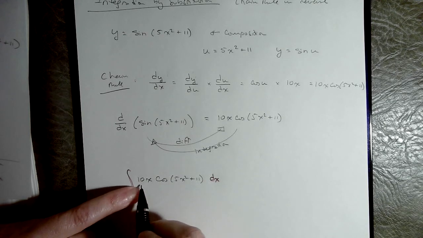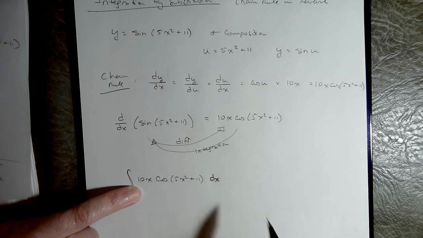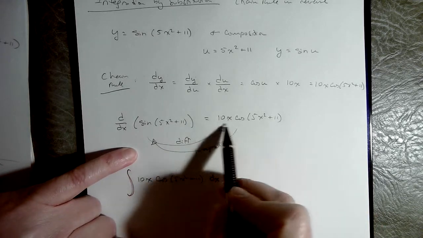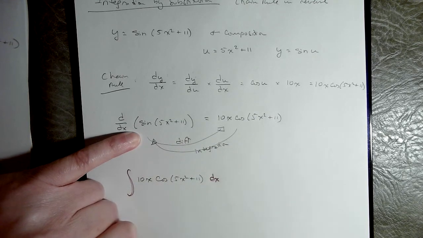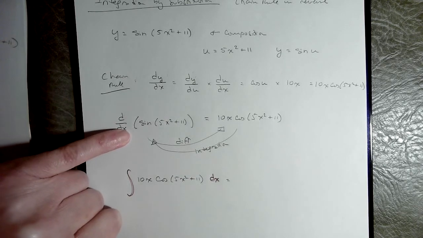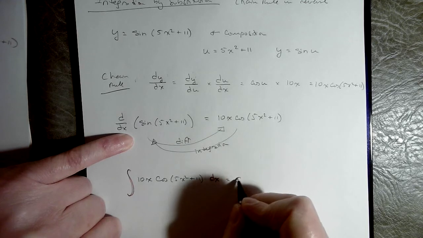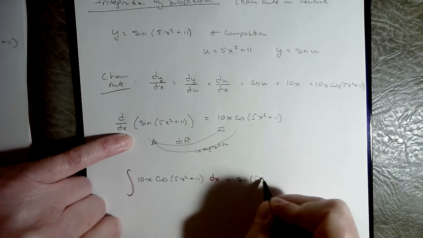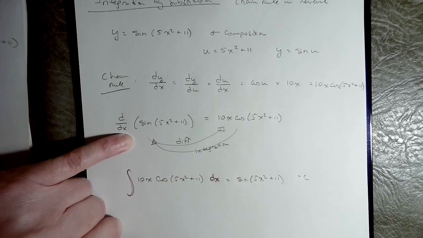In formal language, that's called the integrand. And that's the thing we're integrating. But I know that thing was the derivative of my sine expression. So if I integrate that, I know because I already did it. It's not that I can magically see it, but here's one I made before. We should come back to the sine of 5x squared plus 11, plus some arbitrary constant.